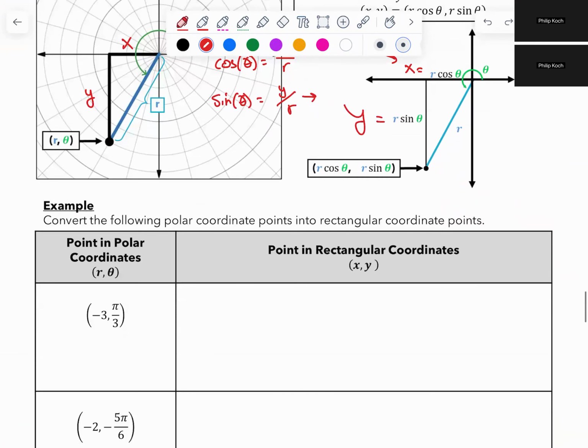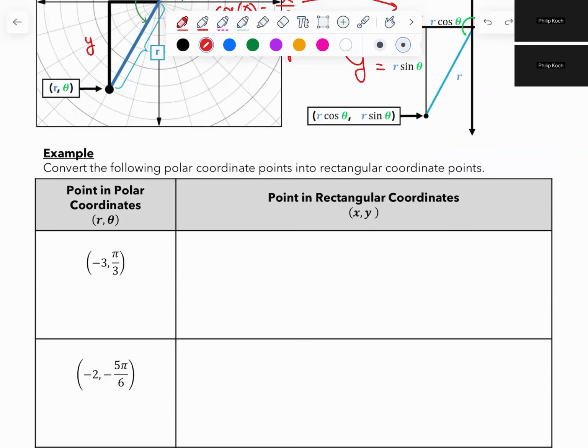So we're going to convert from polar, and then plot the point in rectangular coordinates. So R is -3, and theta is equal to pi over 3. And just as a small note, what quadrant are we in?